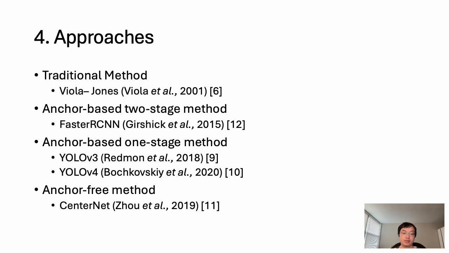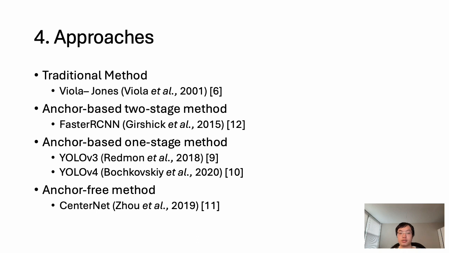Now we'll discuss the four approaches. As I mentioned previously, object detection can be roughly divided into four categories. The first one is the traditional method. The Viola-Jones algorithm is the most classical and typical approach, introduced in 2001. Another one is the anchor-based two-stage method, which is a deep learning-based approach.